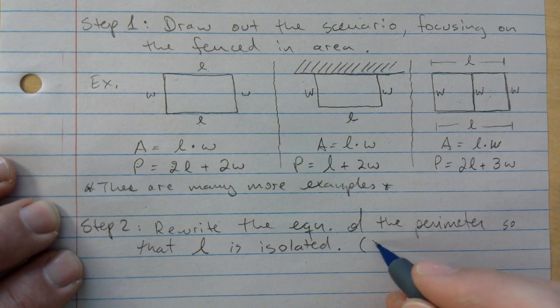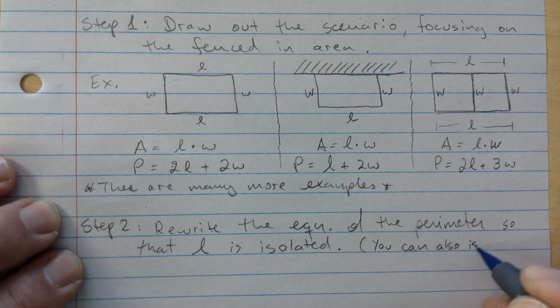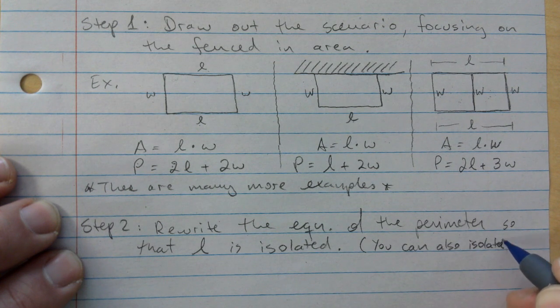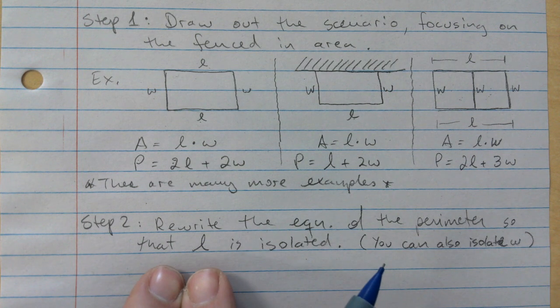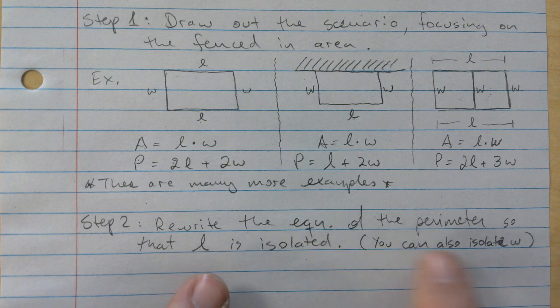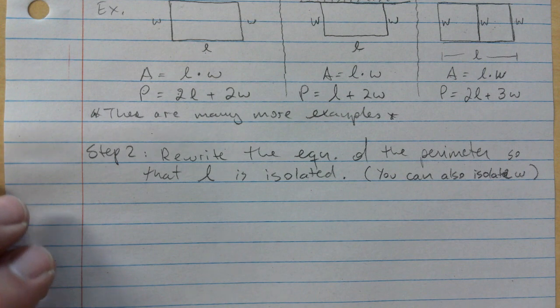I just say this, you can also isolate width, but I will not isolate the width as well. Most of the time I'll just stick with isolating L just so we are consistent. Ultimately your answer should be the same once we're done with this, right?